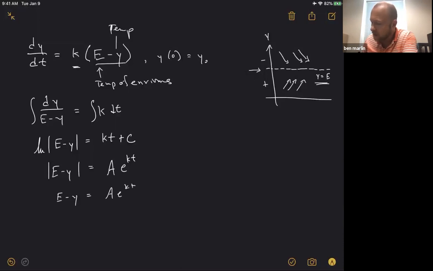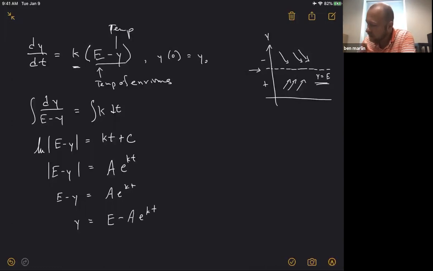And so then you can subtract and divide by negative and have that your y needs to be equal to e minus a e to the kt.